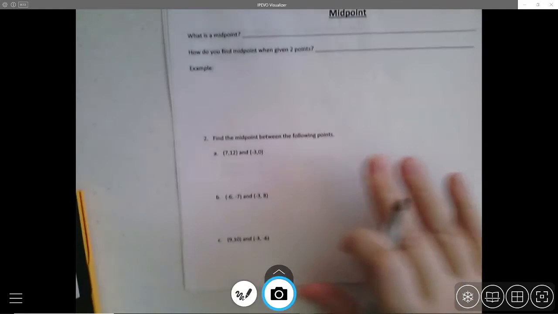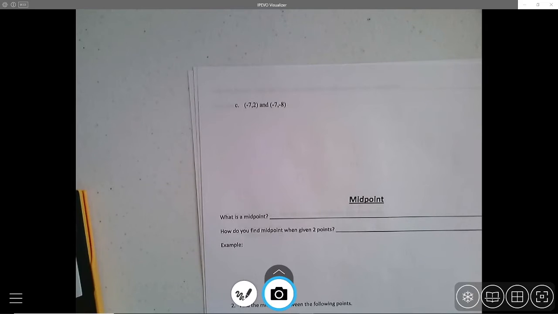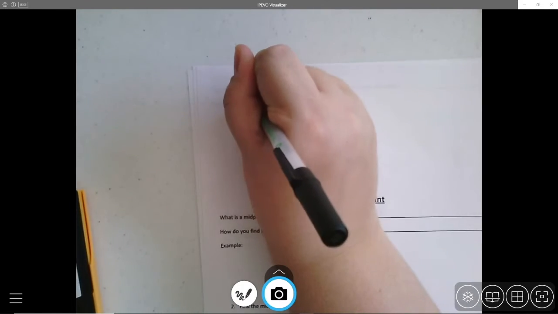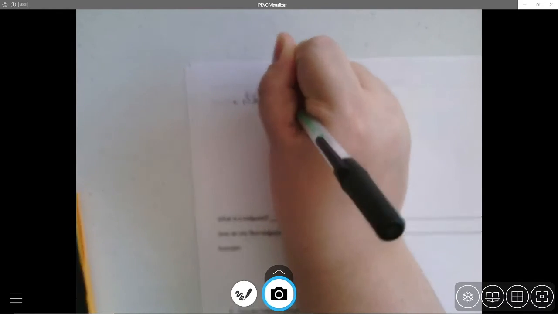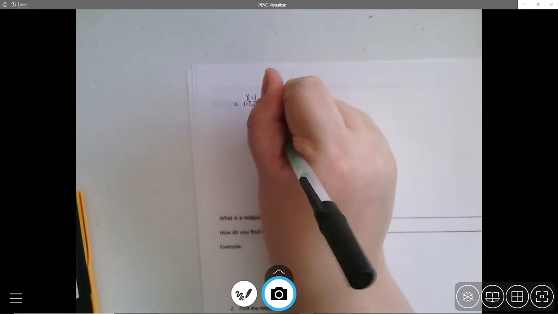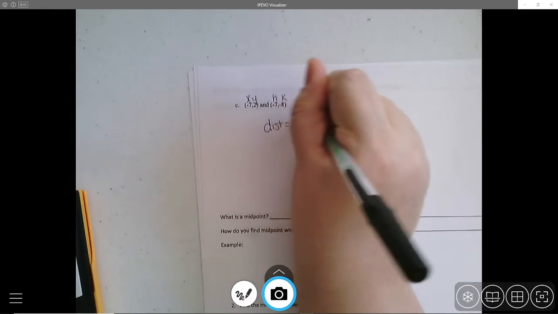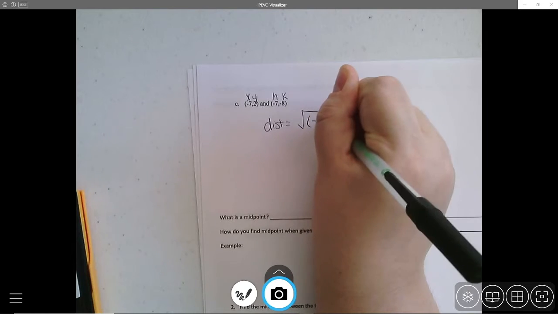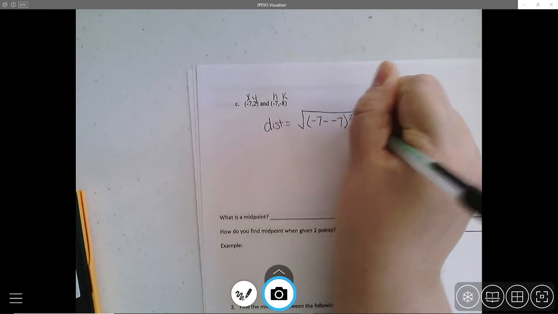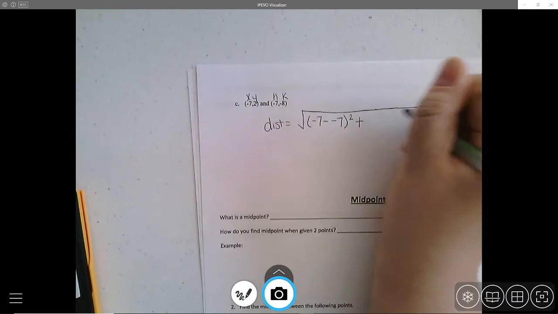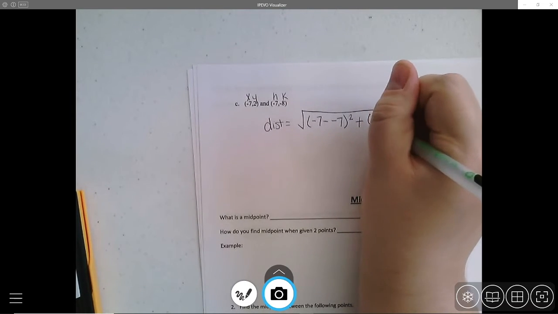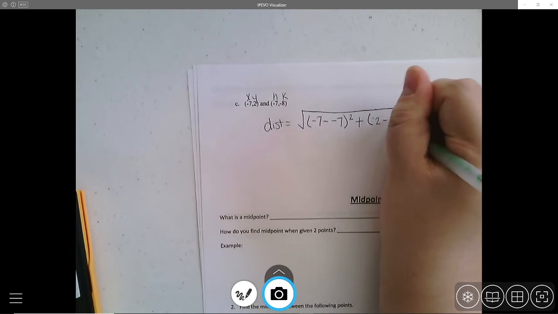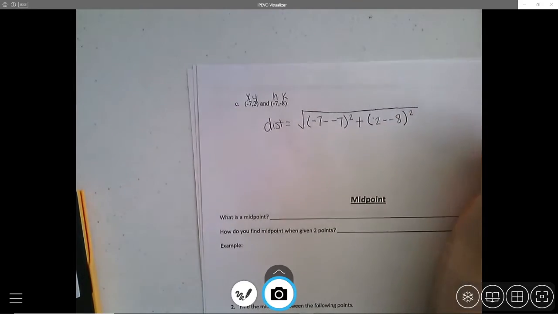Okay, let's look at one more final problem. It's the same process over and over again. X, Y, H, K. Distance equals the square root of X minus H, negative 7 minus a negative 7 squared, plus Y minus K, 2 minus a negative 8 squared.